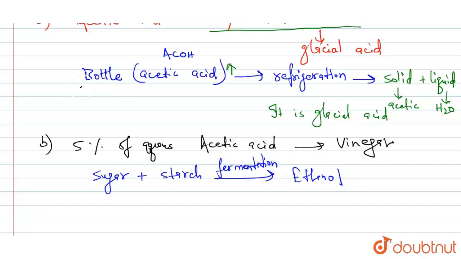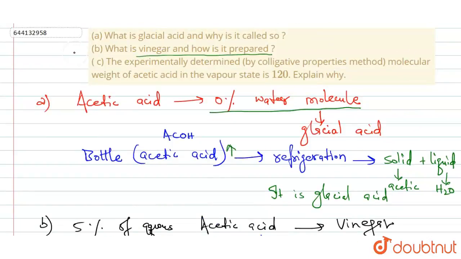Ethanol is found after fermentation, and if I do further fermentation, we will find vinegar here. So this is the process of how vinegar is prepared. First sugar and starch are fermented, we get ethanol, fermented again, we get vinegar. So this was the second part of the question. Let's take the third part.